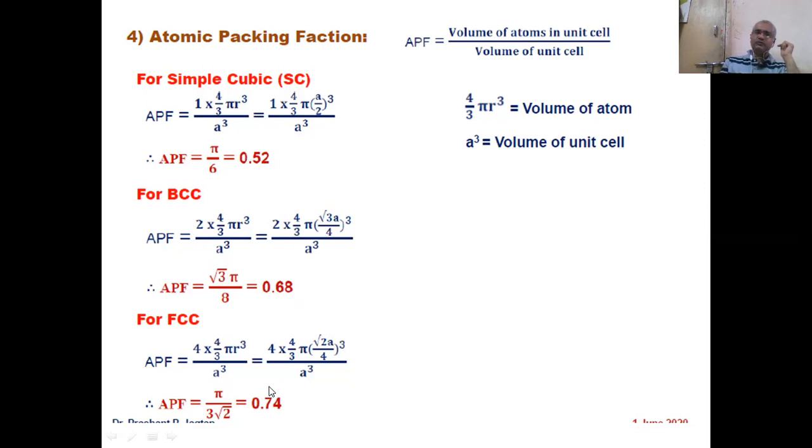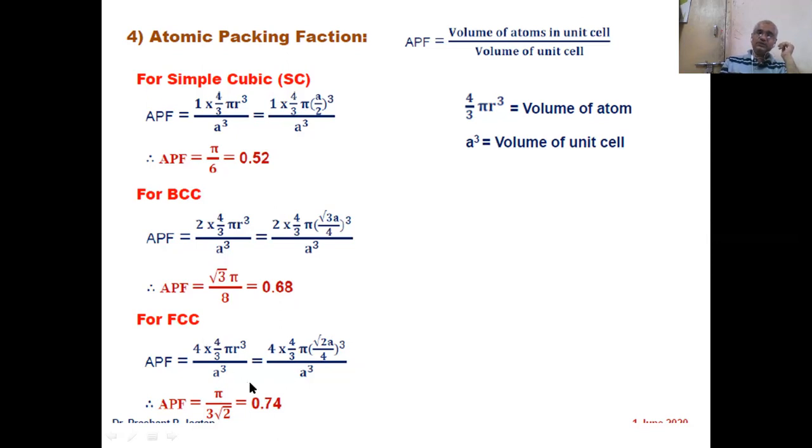Like that here also. From this we can conclude that atomic packing fraction for simple cubic is 0.52, for BCC is 0.68, and for FCC it is 0.74. So 74 means there is more space occupied by the atoms in the unit cell.